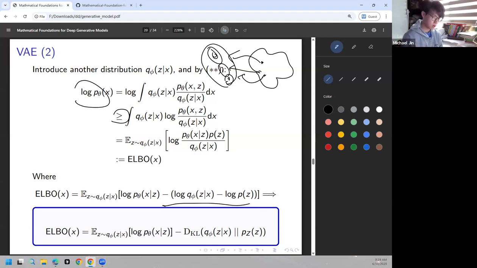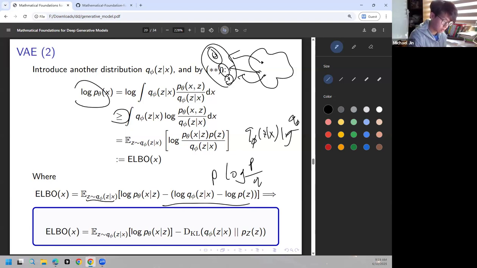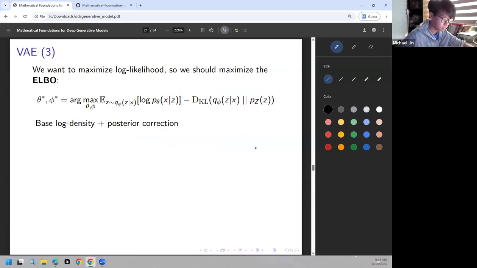If you still remember KL divergence, it's P of log P over Q. So we can see we have Z here, so we times the Q phi z over x times the log Q phi over P, which results in the KL divergence of using P to encode Q phi, right? And the first term stays the same, the expectation of z following Q phi of log P theta of x given z.